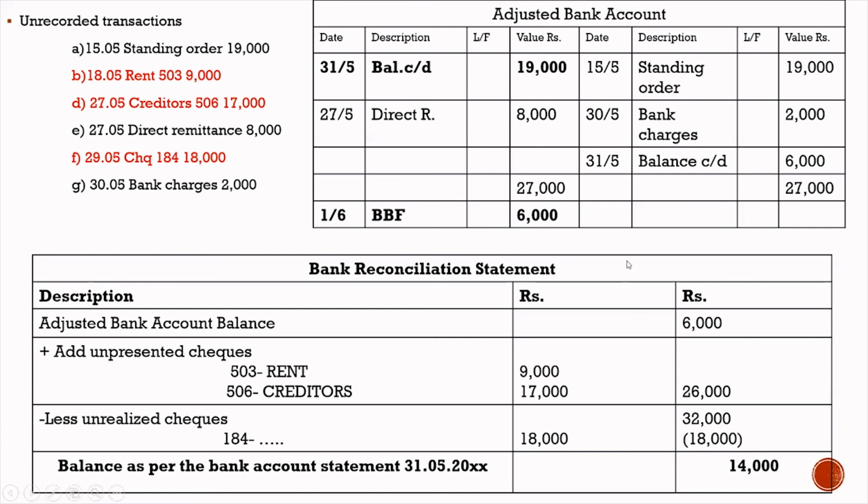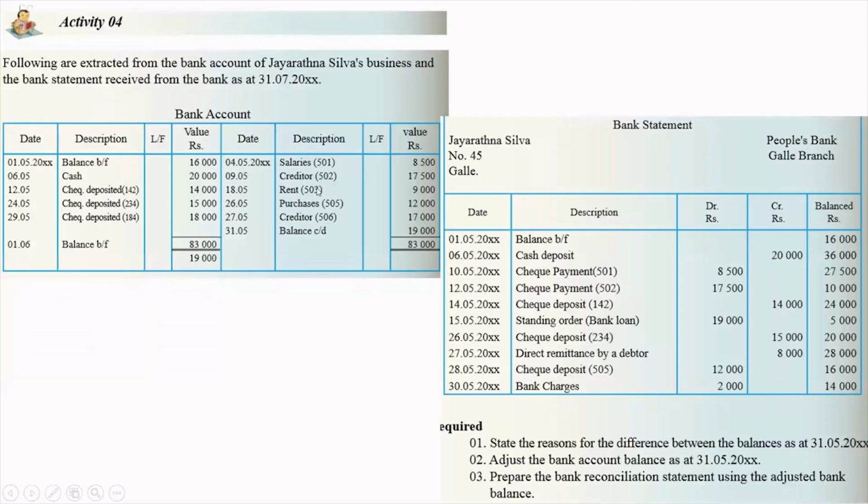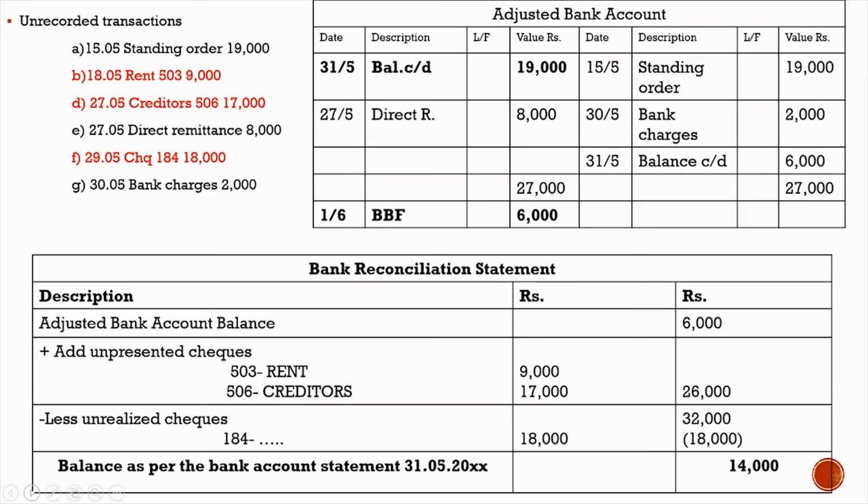Because the bank has added this more, we have to reduce that. That is why we are reducing this 18,000. Right? Now see, this rent amount 9,000 and creditors amount 17,000. The bank statement has not reduced it. So what we have to do? We have to add those two because it is already there in the bank statement.